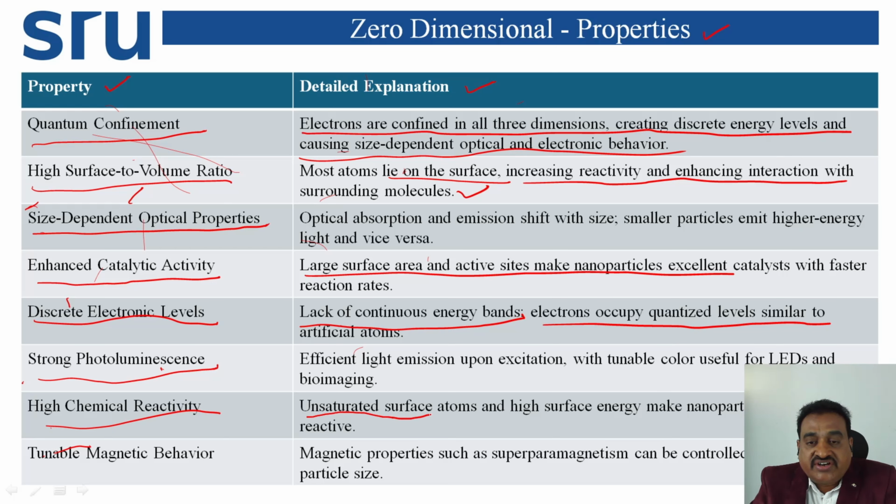So unstructured surface atoms and high surface energy make nanoparticles highly reactive. The property tunable magnetic behavior: magnetic properties such as superparamagnetism can be controlled by adjusting the particle size.